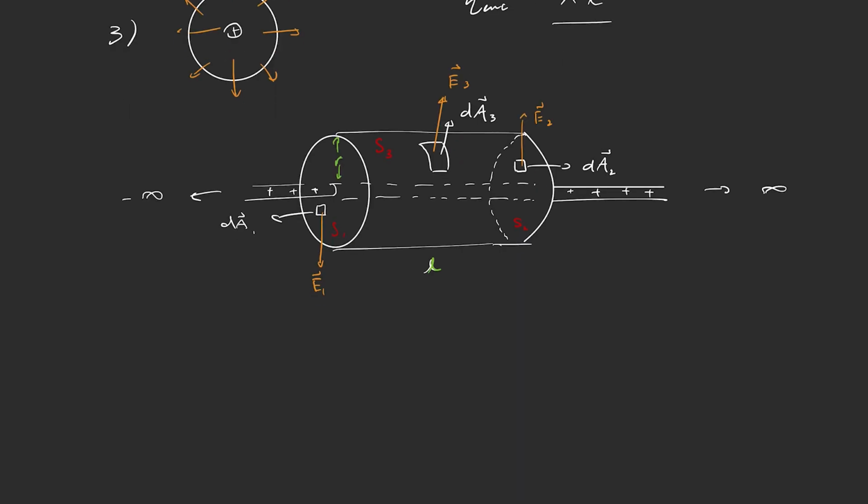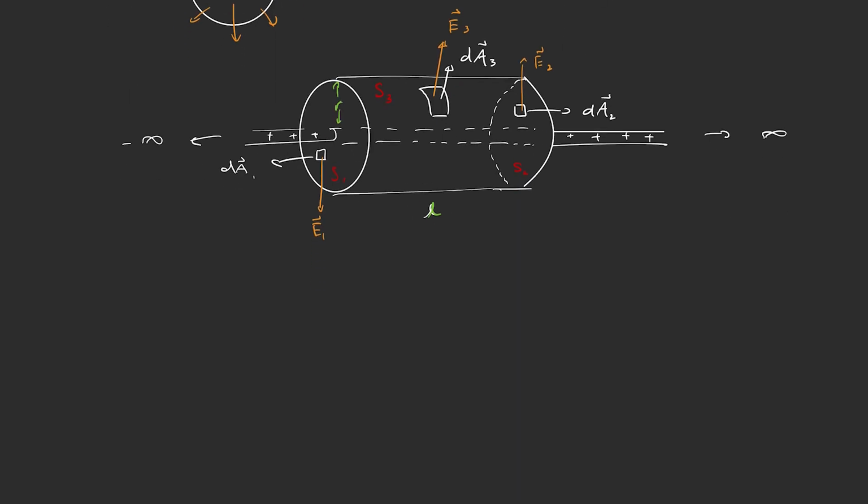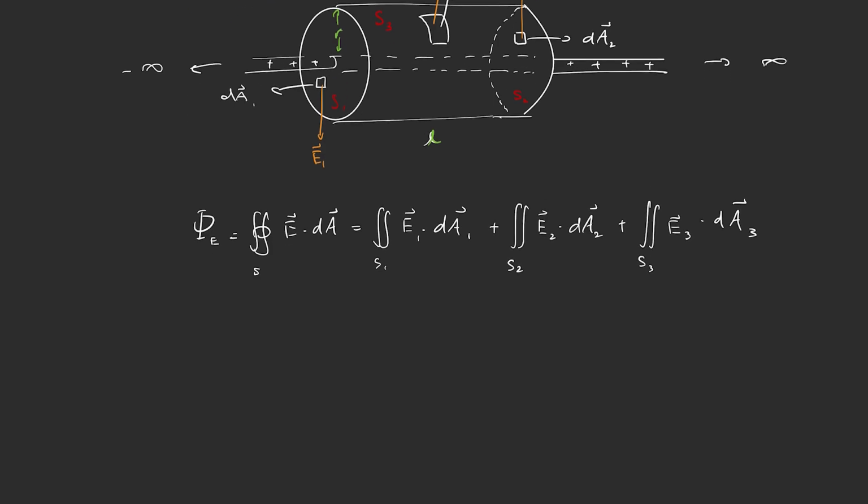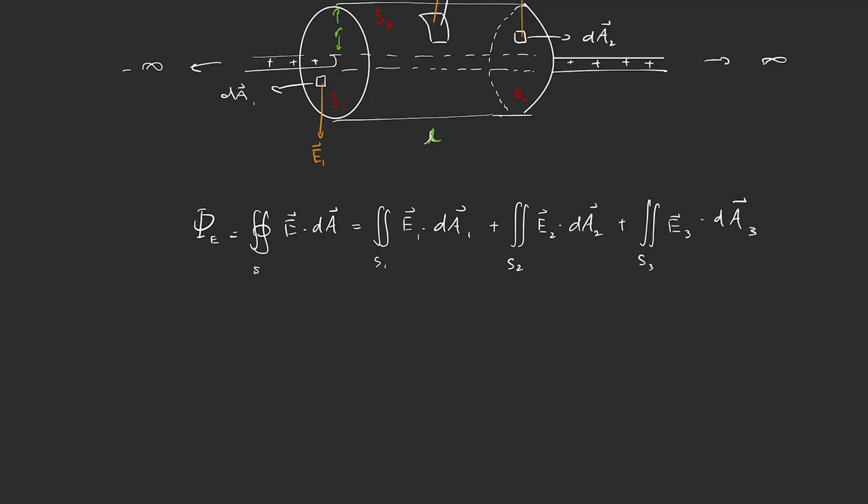So we have three parts. The flux is the integral, which we have three parts. So yeah, this is our expression for the total flux. I basically split the closed surface integral into three regions, which I've drawn in the image.